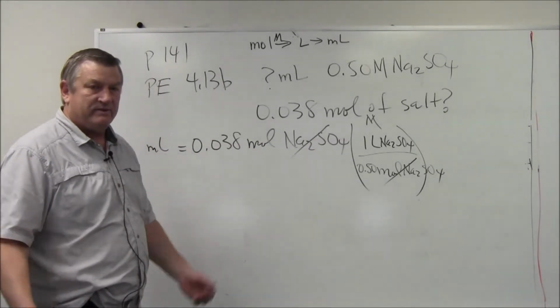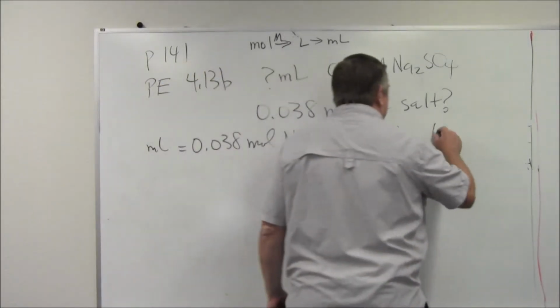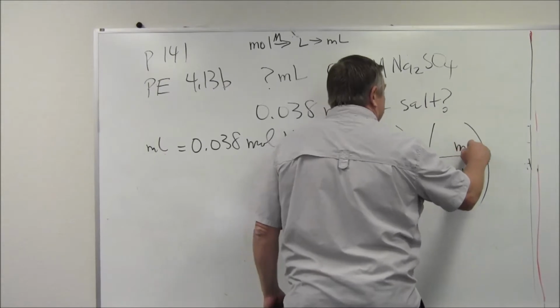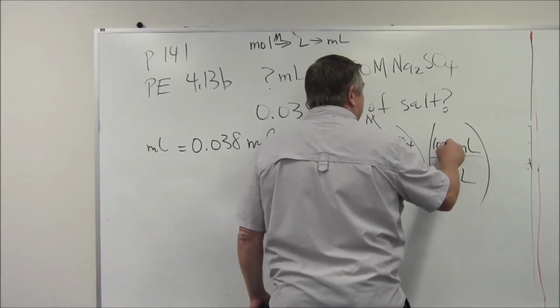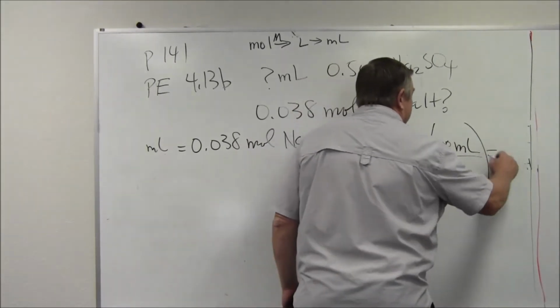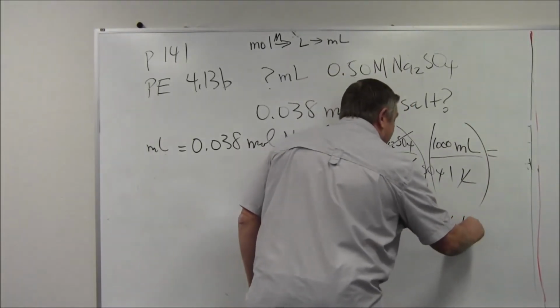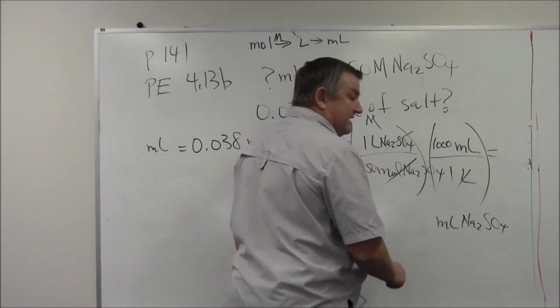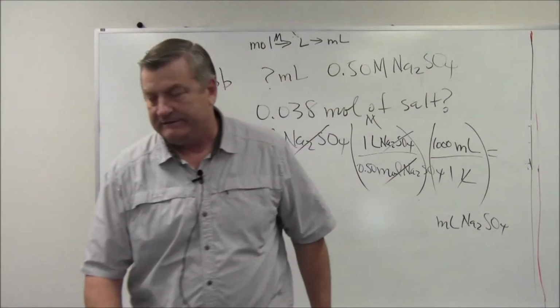And now I just need one more step. We want to convert liters to milliliters. So there's 1,000 milliliters in a liter. So now I've got milliliters of Na2SO4, and that's what the question was asking. So I get out my calculator.